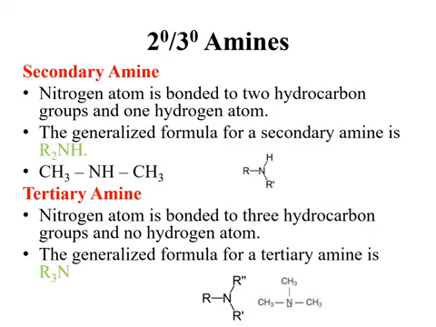In the example here, all of the R groups are methyl groups, so this molecule will be named trimethylamine. These three alkyl groups could be of different nature, and we will see this in our coming slides while we talk about their nomenclature and their synthetic methods. We shall encounter various types of primary, secondary, and tertiary amines.